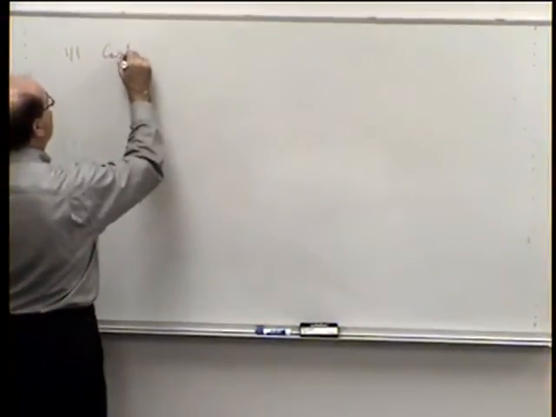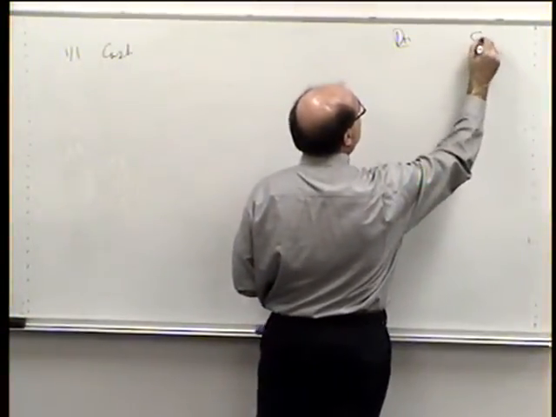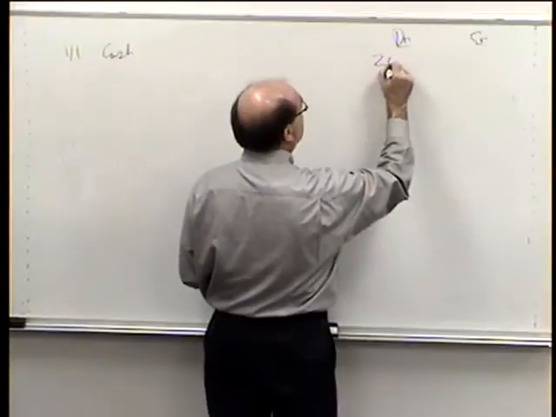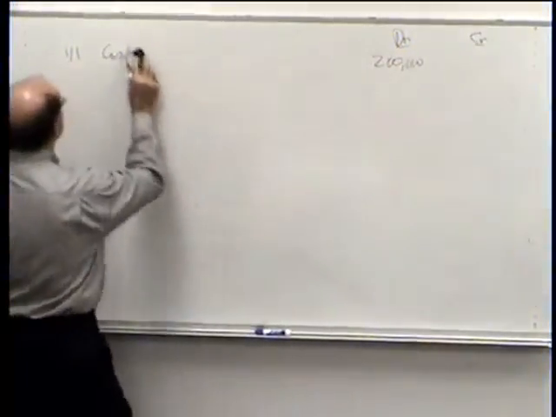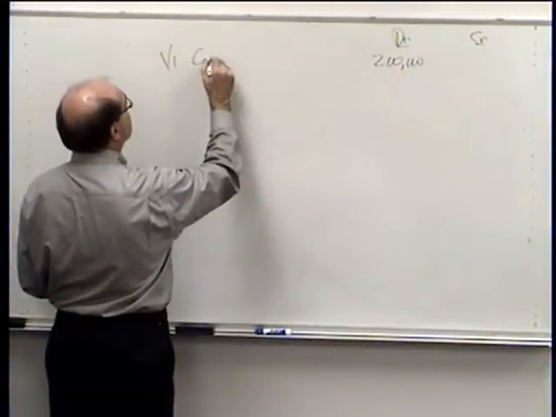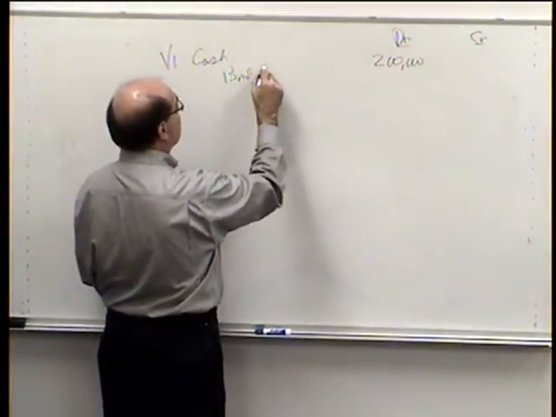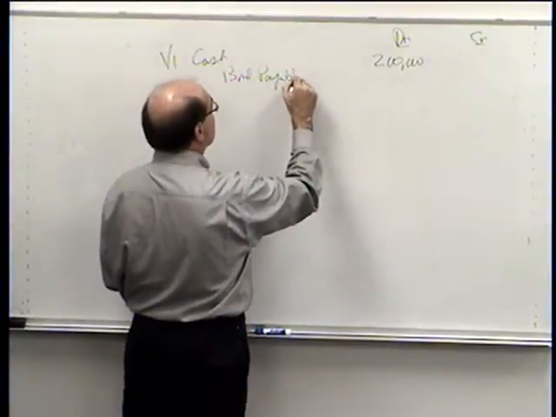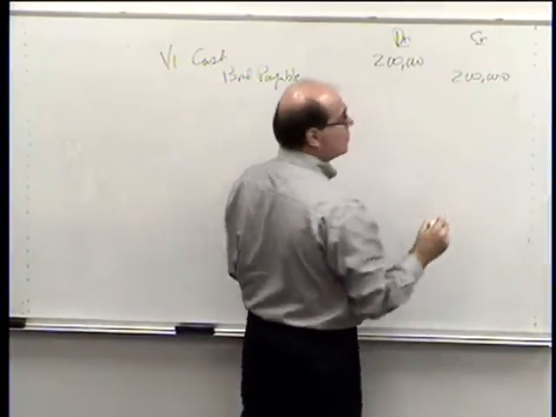We sold the bond, so the company got $200,000. And then they have to pay it back in the future, so they have a liability, Bonds Payable $200,000. So that one's not too tricky.